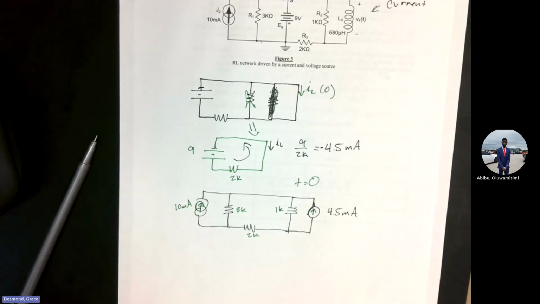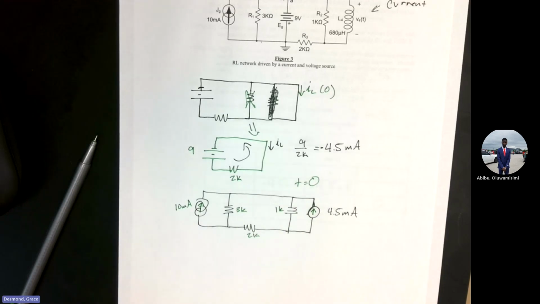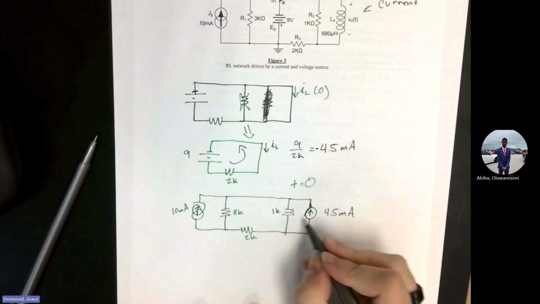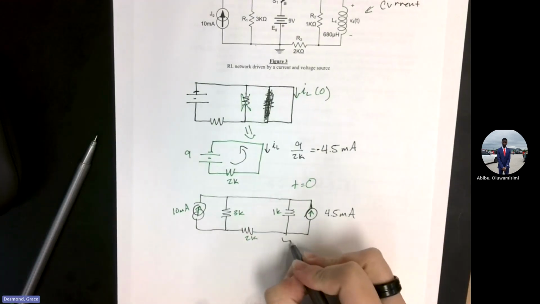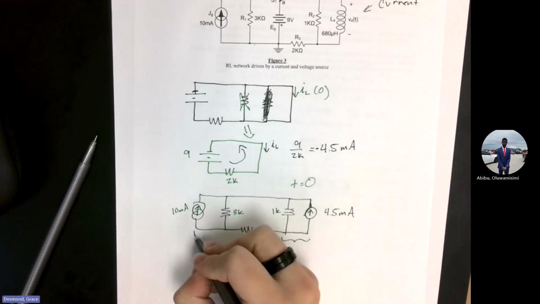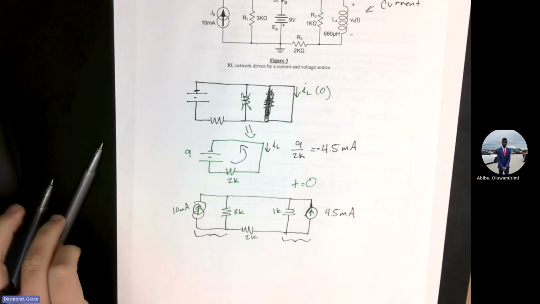Y'all see what he's saying when he says transformation? There's two current sources in parallel with two resistors. A good rule of thumb is if you see a current source in parallel with a resistor, think, I can transform this. So let's do that.